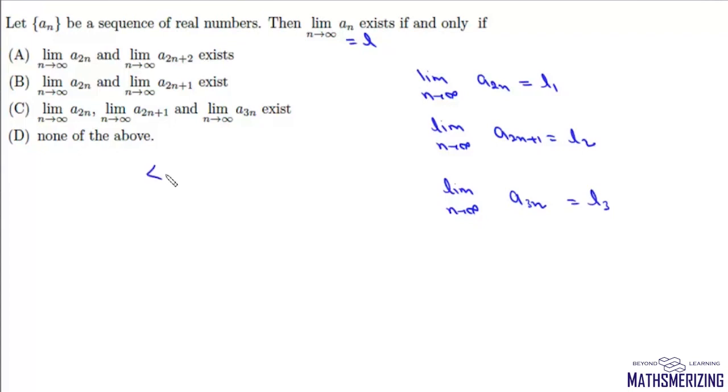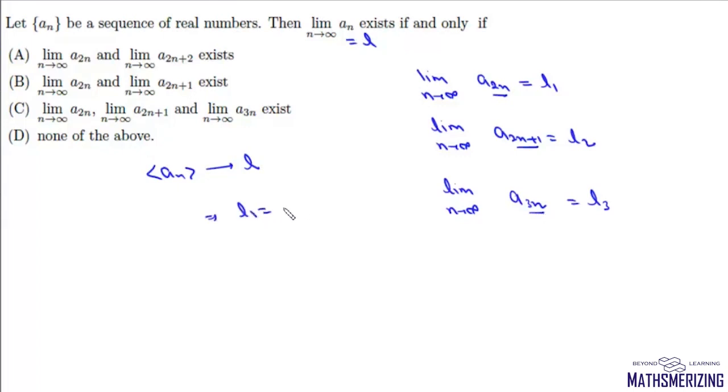Now we know that if the sequence an is a converging sequence and it converges to this limit L, then any subsequence will also converge to the same limit L. So a2n, a2n plus 1 and a3n are all subsequences of this sequence an.